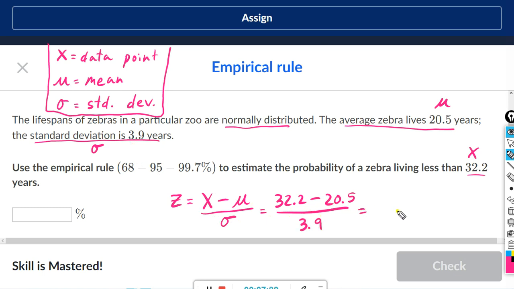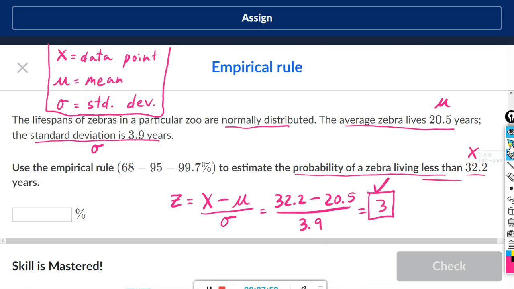I'm going to do this on the calculator, and I got 3 exactly. Now, they want to know the probability that the zebra lives less than 32.2. I am going to give you a copy of the normal distribution curve, but for now we're going to remember that z equals 3, and we want to go less than that.